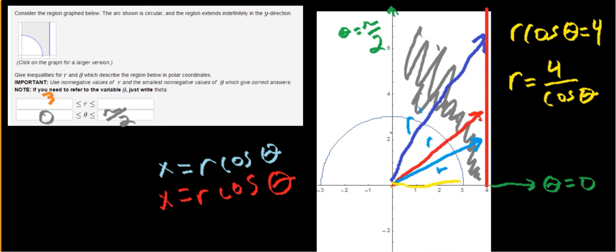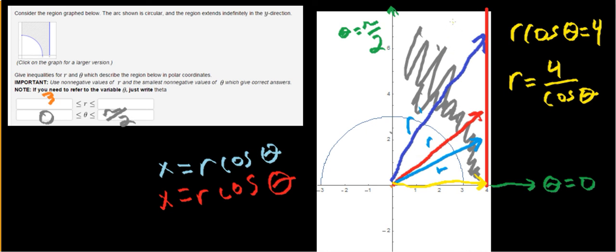So we have this r value here. You could test this for any value of theta between 0 and pi over 2, and you're going to get an r that doesn't cross this boundary. So now we know our upper boundary of r, and this will extend for infinity.